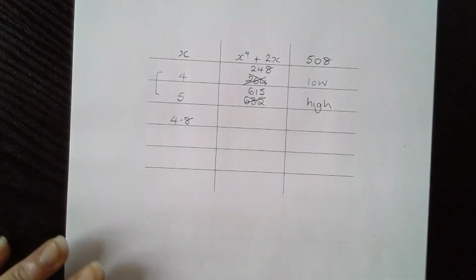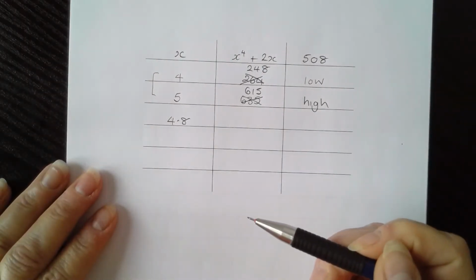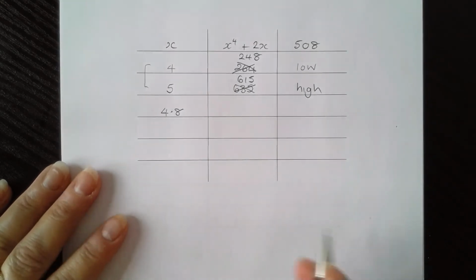But it's still values between 4 and 5 I'm looking at. So continuing, I'll check my numbers as I go.